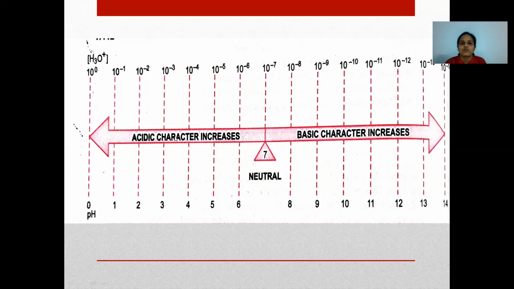So acidic character is 0 to 6, basic character is 8 to 14, and in between is 7, which is neutral. Water usually comes under it. Basic: all bases, sodium hydroxide, potassium hydroxide, etc. Acids: all acids, hydrochloric acid, H2SO4 sulfuric acid, nitric acid, etc. They show acidic behavior. So this is the arrangement of the pH scale.